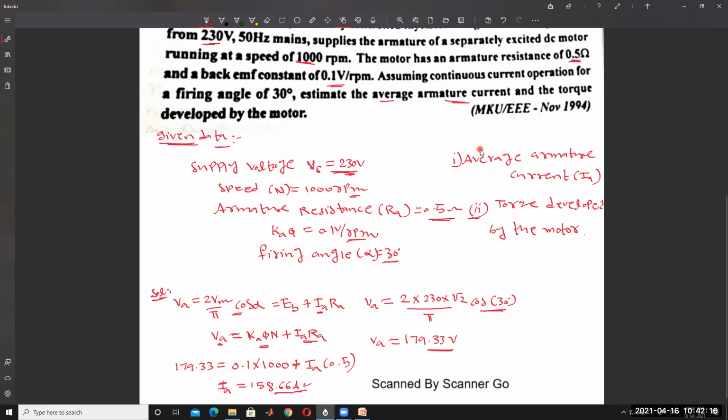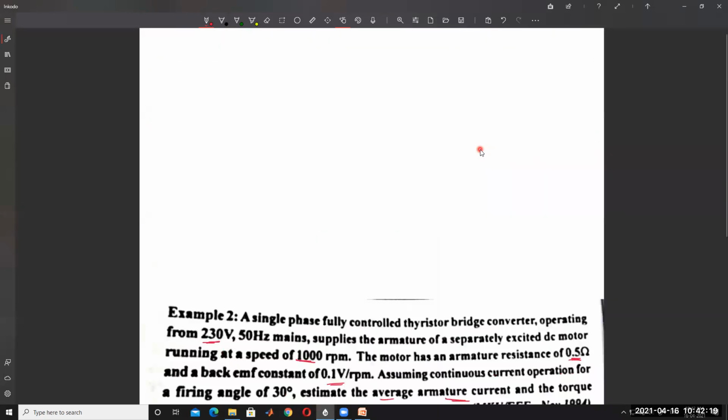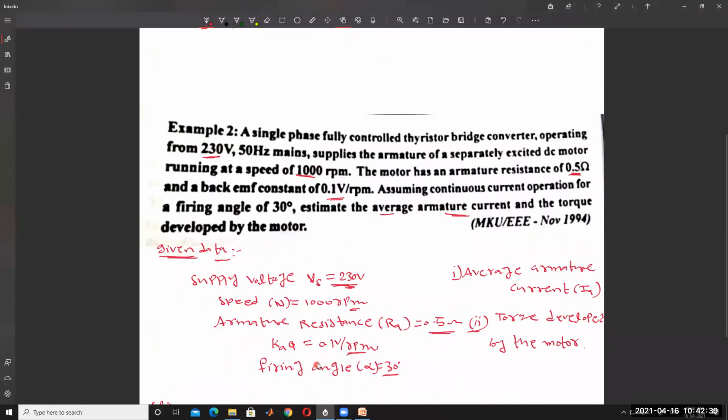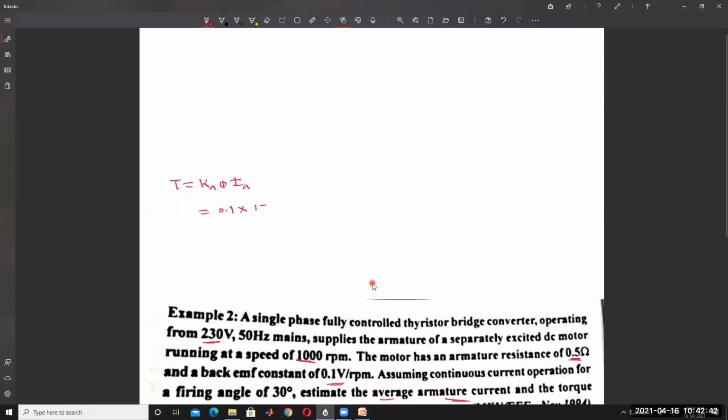Substituting IA, we get the torque: 0.1 into 158.66, which gives 15.866 Newton meters.